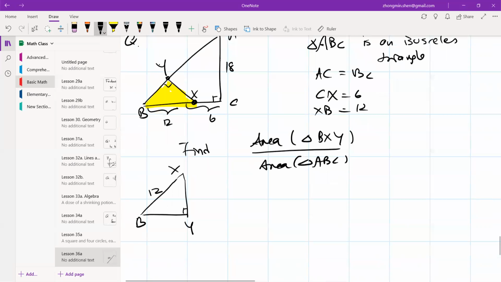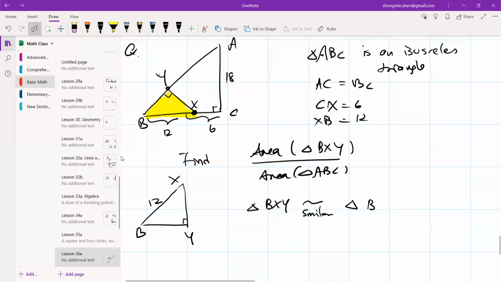Okay. But the triangle BXY is similar to the triangle BAC. Okay, so you can figure it out.